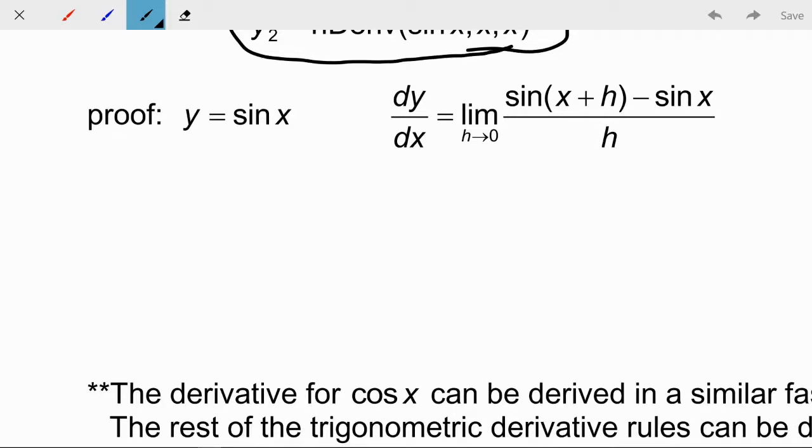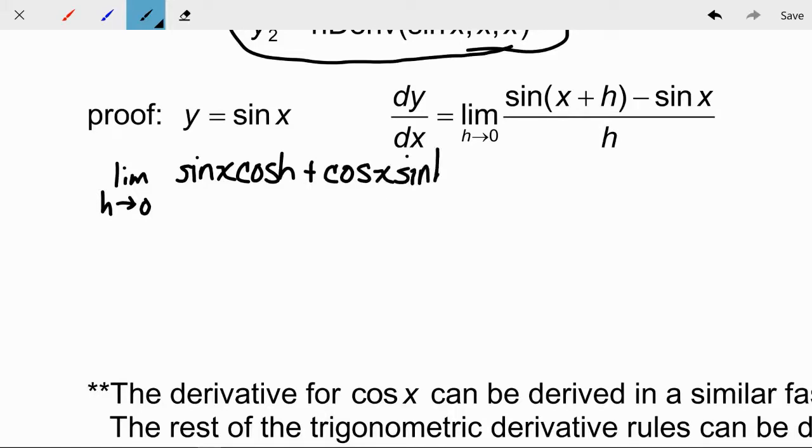And when you try to solve that out, the only method we really have is to use our composite properties with our trig functions. And so there's a composite property for the sine function. You may or may not remember this from pre-calculus, but the sine of x plus h can be rewritten as the sine of x times the cosine of h plus the cosine of x times the sine of h.